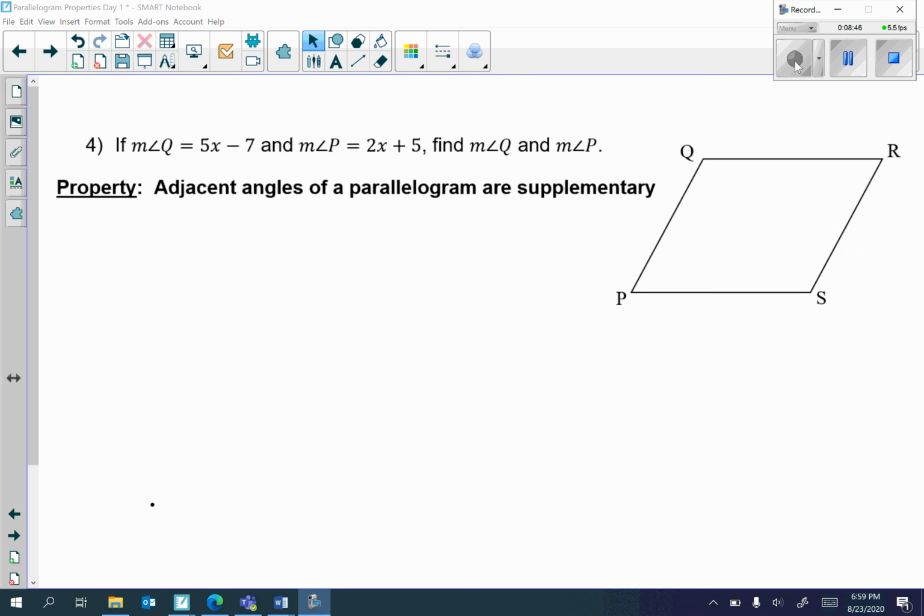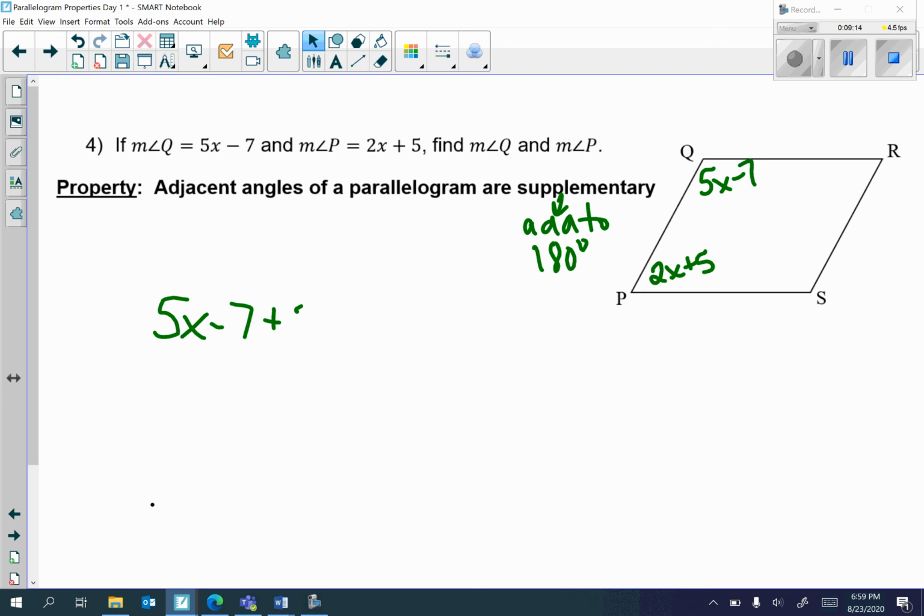Number 4, if the measure of angle Q is 5x minus 7, so let's label 5x minus 7, and the measure of angle P is 2x plus 5, find the measure of angle Q and the measure of angle P. So remember, adjacent angles or consecutive angles, angles that are next to each other, are supplementary, meaning that they add to 180 degrees. So I have to take 5x minus 7 plus 2x plus 5 and equal it to 180 degrees.